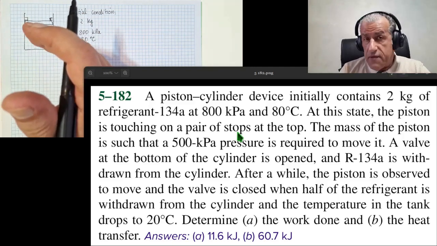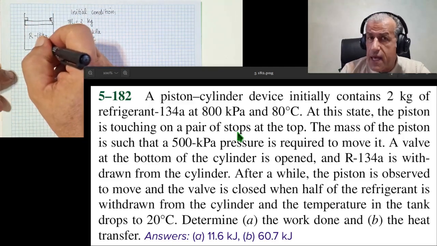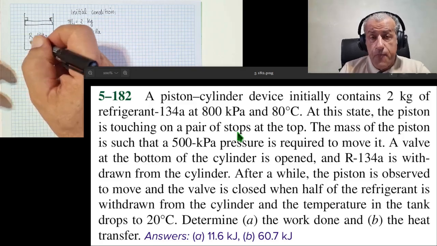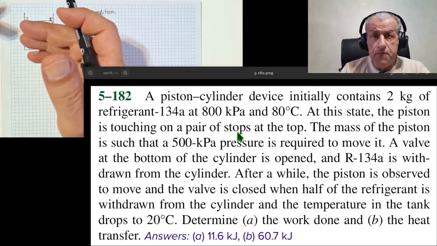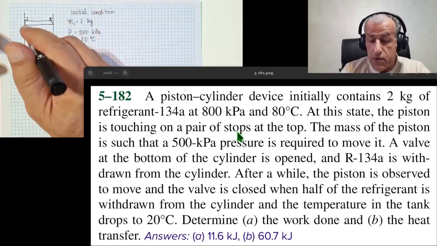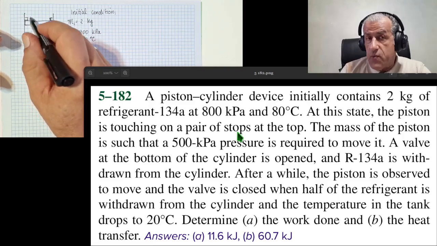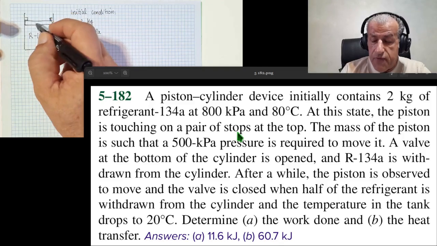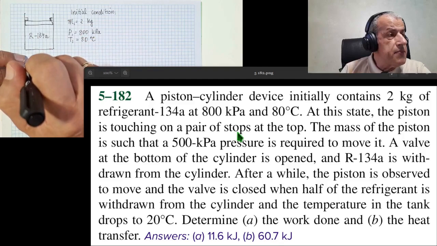So if it is pushing, it means that the pressure 800 kilopascals inside the cylinder piston device is more than just required for piston floating over the R134A, and R134A has higher pressure than piston weight and the atmosphere would produce, and therefore is pushing at the top with this pressure.